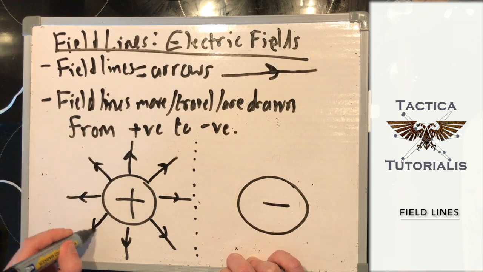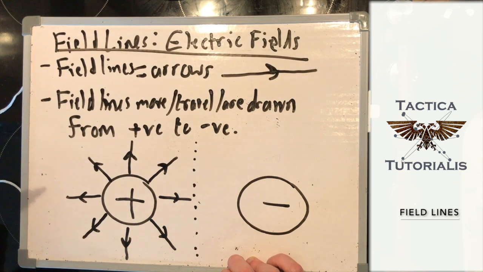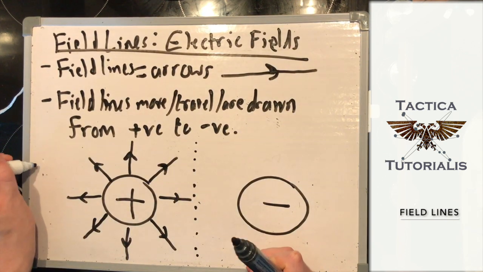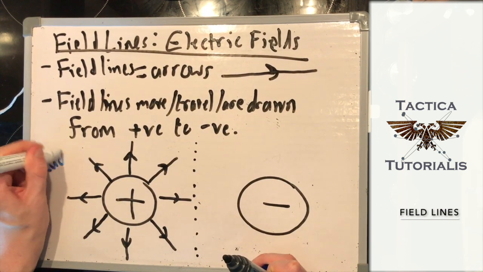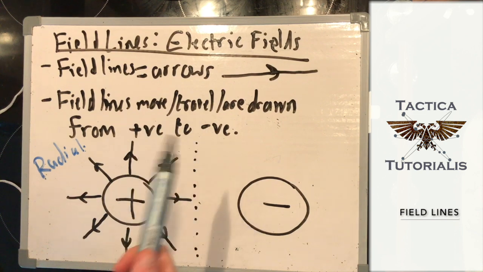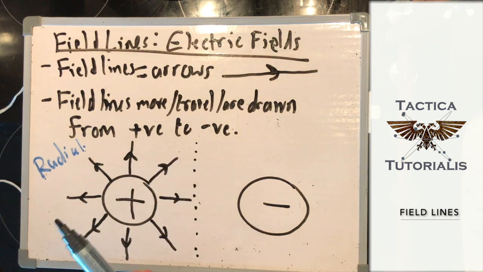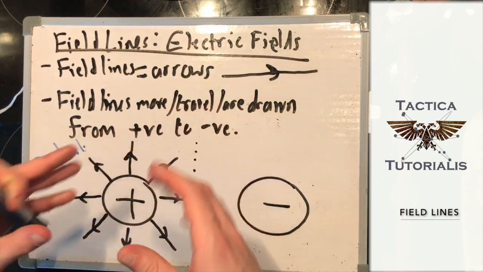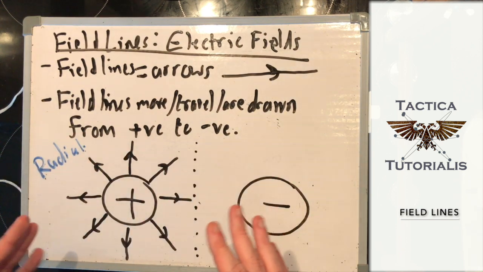as a radial field. So these fields are what we call radial. You might have been able to get that hint from the fact that we were talking about R earlier in Coulomb's law, but they are radial fields because they spread out from the source in all directions.